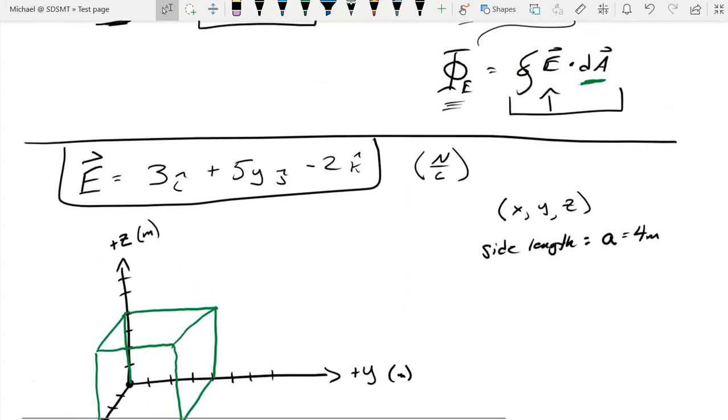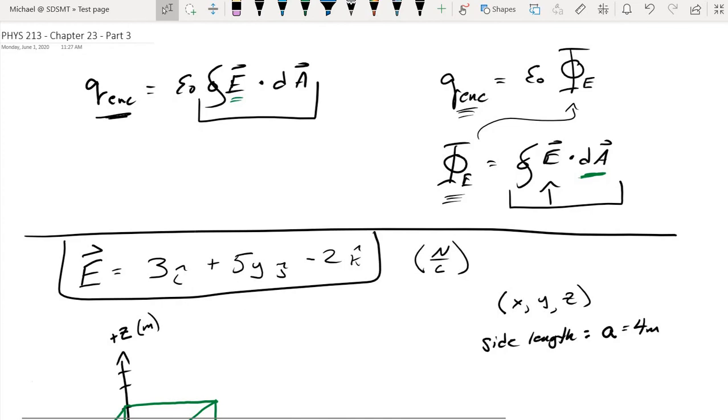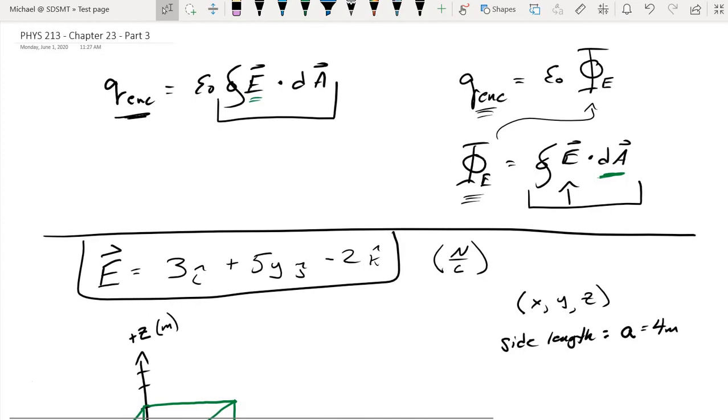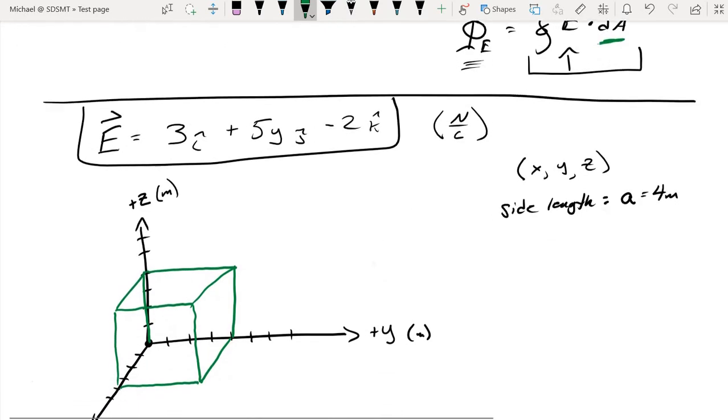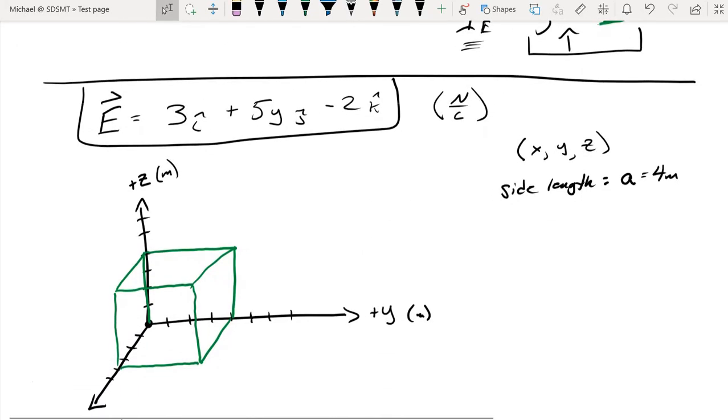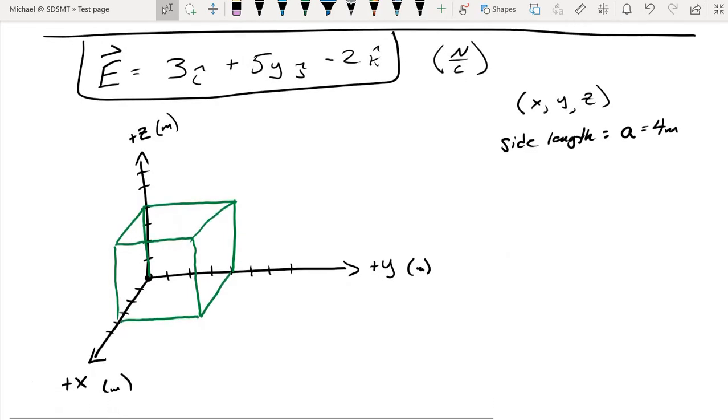This is why the previous use of Gauss's law was so intent upon having a uniform electric field at all points on the surface. There's probably not going to be a very simple means of mapping out where the electric field is uniform throughout this system, because it's constantly changing as we move. So we're not even going to try.